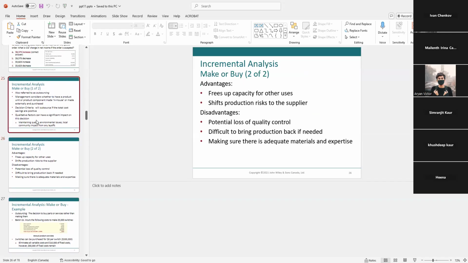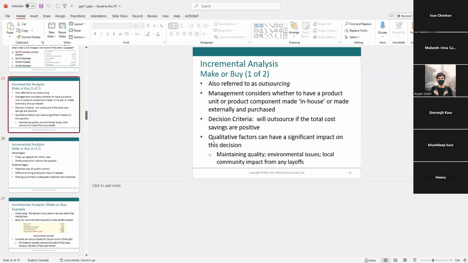Second decision was to make it or to buy. Now the decision here is to outsource only and only if the total cost savings is more than the money that you have to pay for that product, which is purchased from outside.